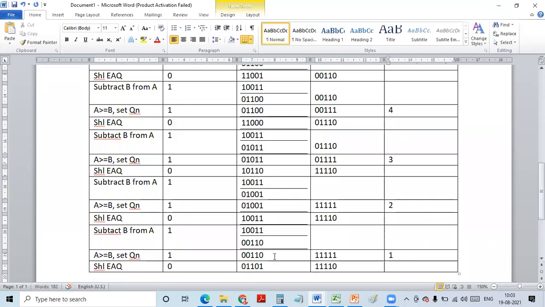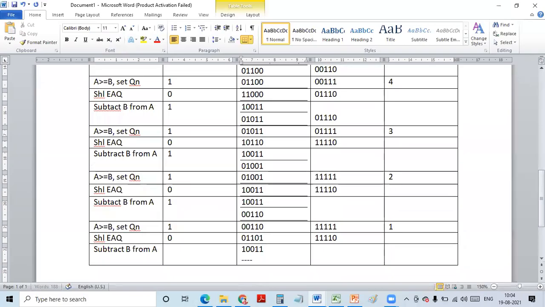Okay. This right now won't change. You have to perform subtract B from A. What is B? Nothing but adding minus B, which is 1, 0, 0, 1, 1. This has to be added.